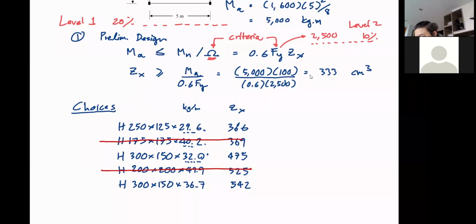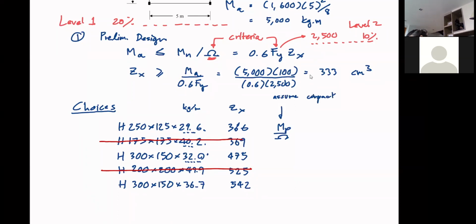And let's again assume that we're going to have a compact section. And say I can go ahead and calculate this. MP over factor of safety, because we're going to assume MP, right? Assume compact as usual.